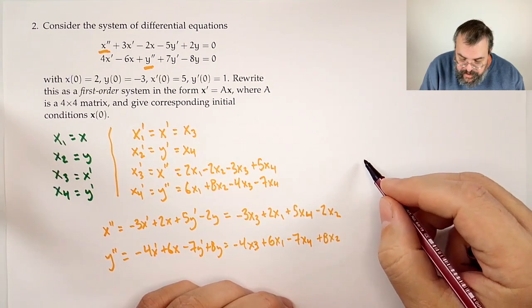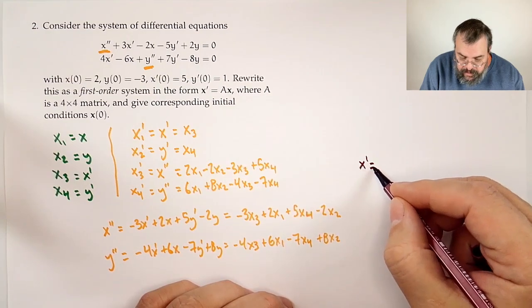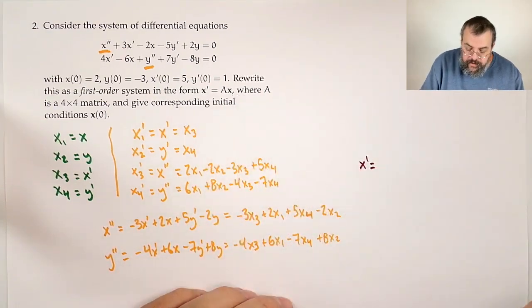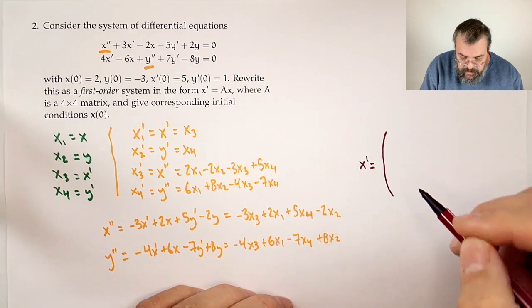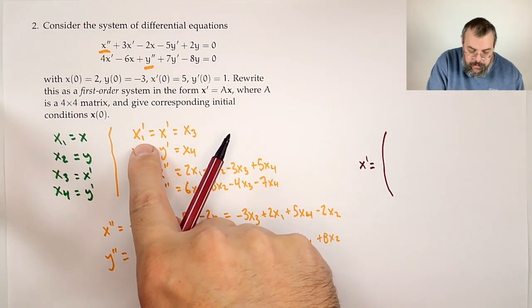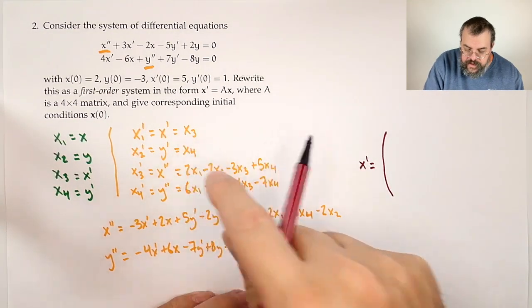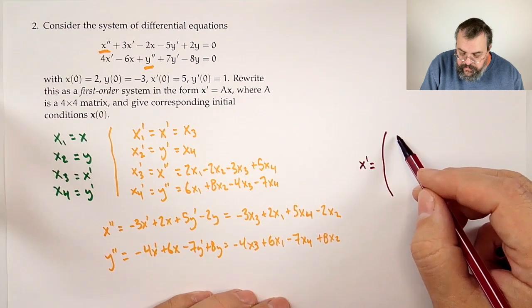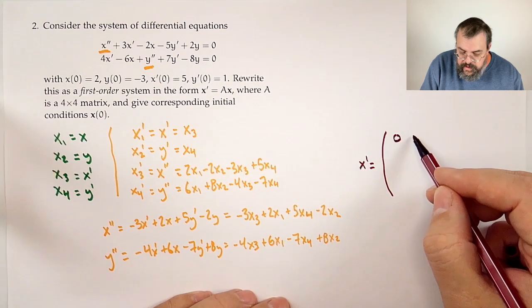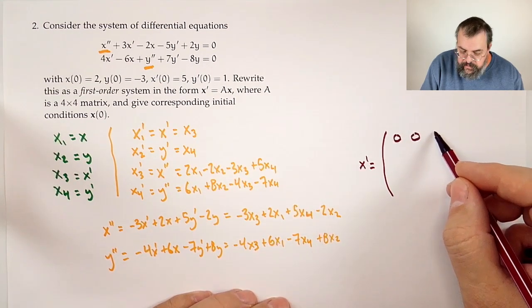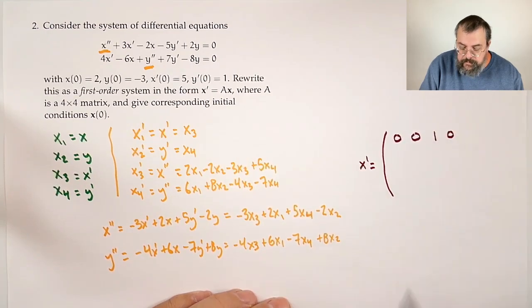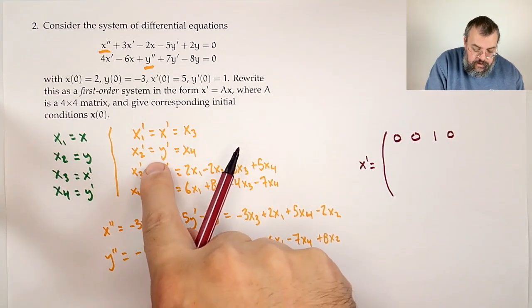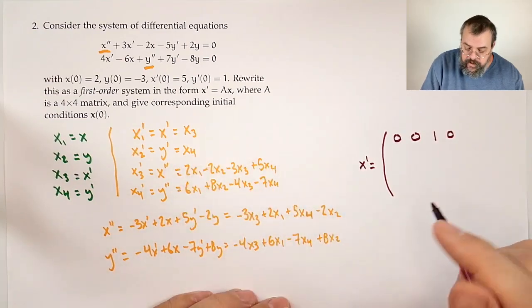What we're really interested in is x prime equals, because we want to write it in that form. For x1 prime, we only want an x3, so we have x1, x2, x3, x4. For x2 prime, we just want one x4.